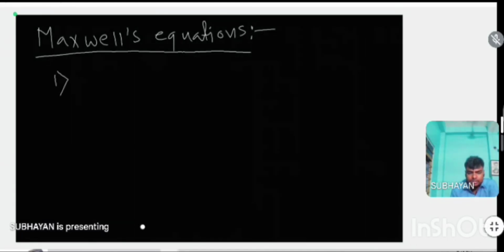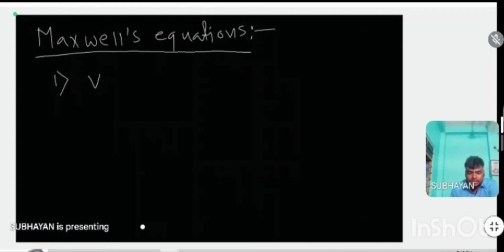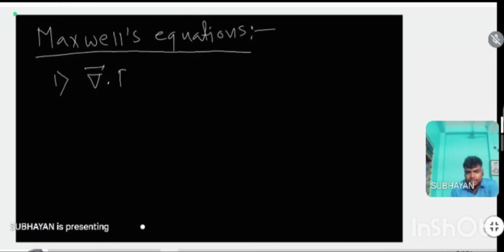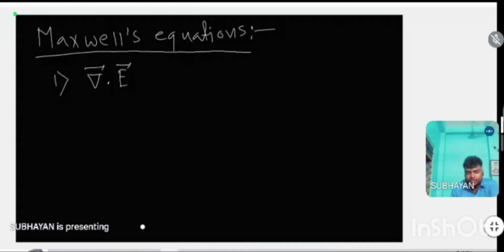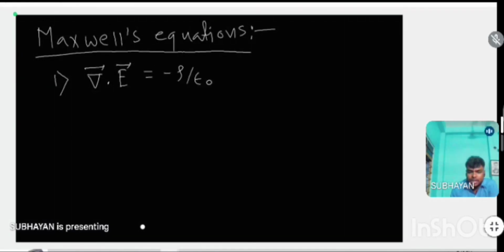First, divergence of E is equal to rho by epsilon naught, and this law is the famous Gauss's law, which is nothing but a form of Coulomb's law. So this equation comes from the electrostatic case, electrostatic interaction.